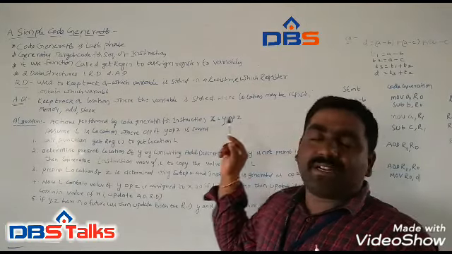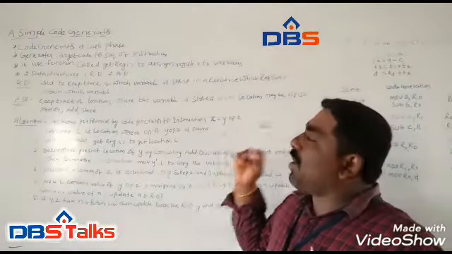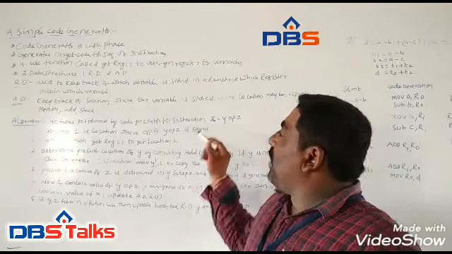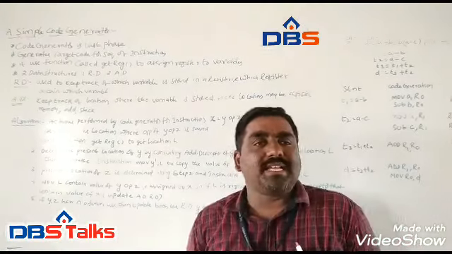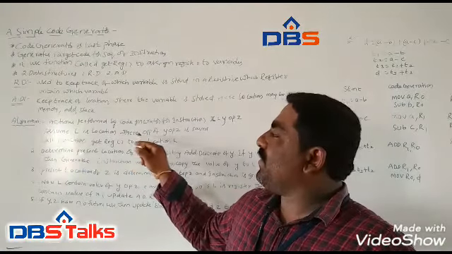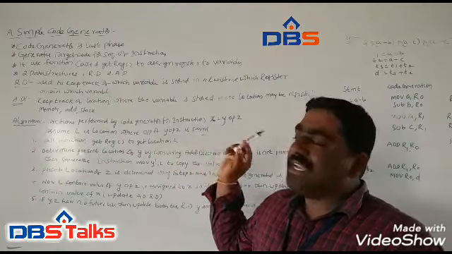Here x, y, z are the variables and OP is the operation. Here the output of y OP z is stored in some location. Let us assume that location is L.